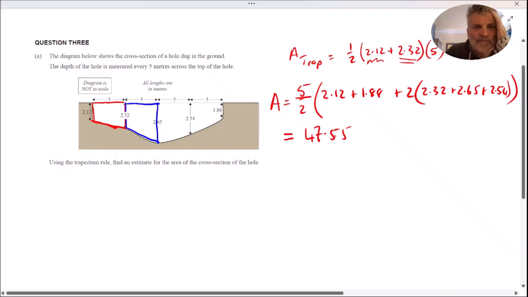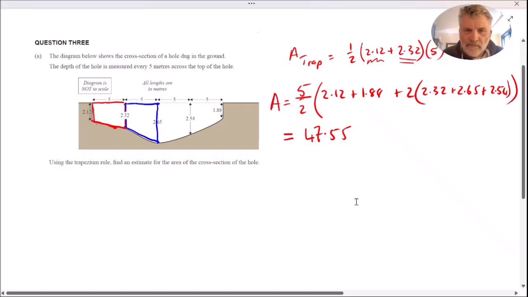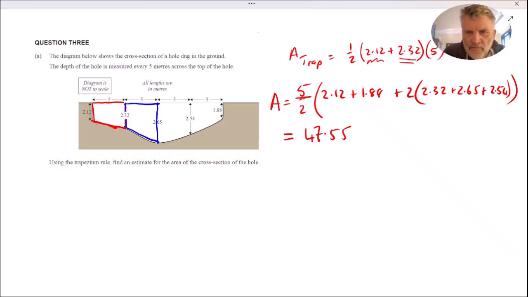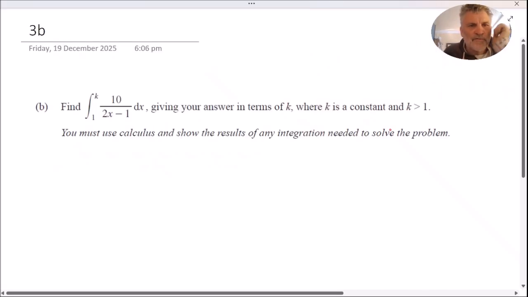I started off doing this by explanation and then actually solved the whole problem there, so I should have perhaps changed back to the other colour because I've done explanations in one colour and working in a different colour. This looks like red, but it's really pink. And I suppose you should put units on, metres squared. Question 3, part B.